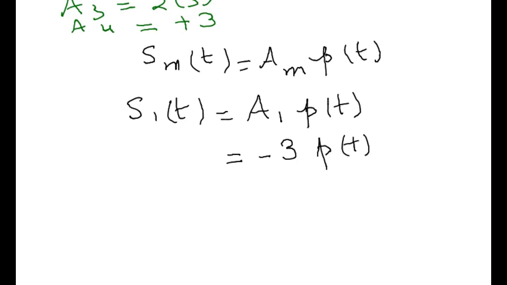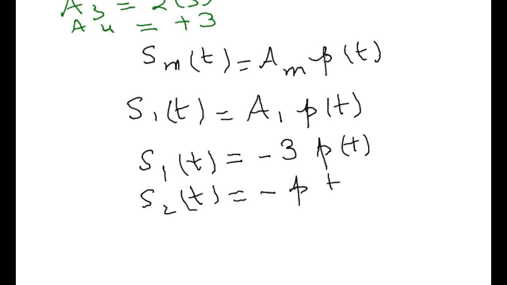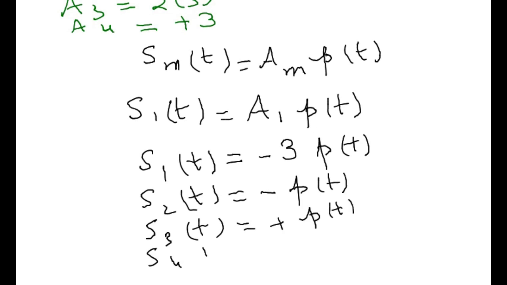This is our signal S1 of t, right? Similarly S2 of t is minus p of t, S3 of t is plus p of t, and S4 of t is plus 3 p of t. Now it can be seen that it is actually a one-dimensional signaling scheme.